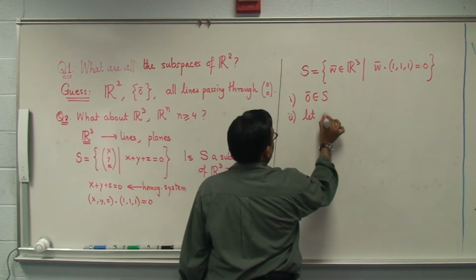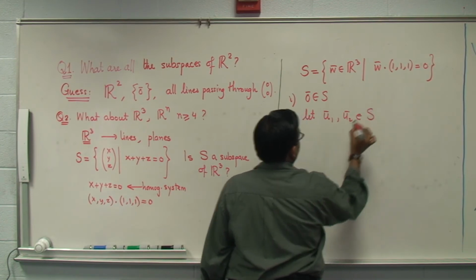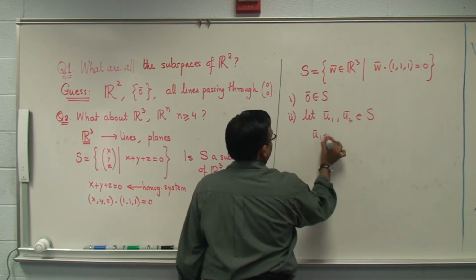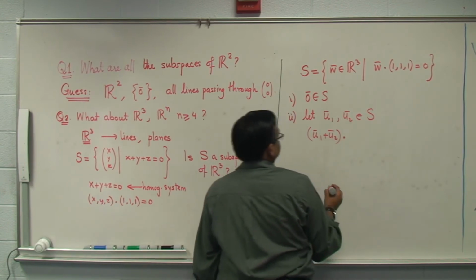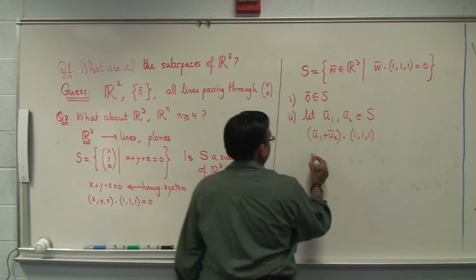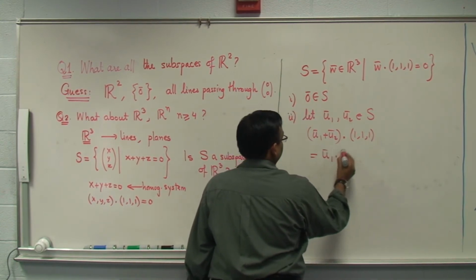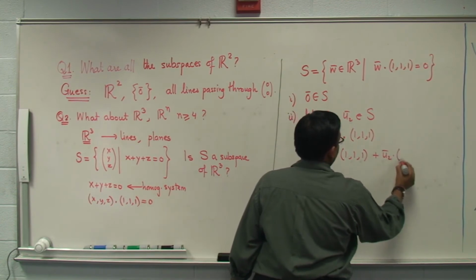And let us say I have two vectors u1 and u2 in S. Then u1 plus u2 dotted with 1, 1, 1 will be u1 dot 1, 1, 1 plus u2 dot 1, 1, 1.